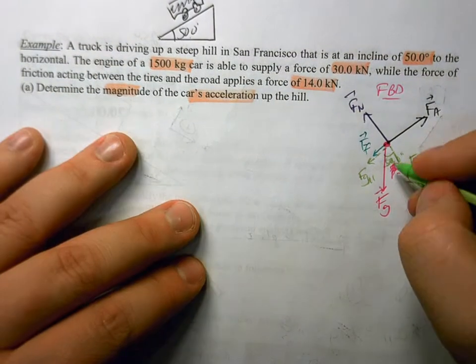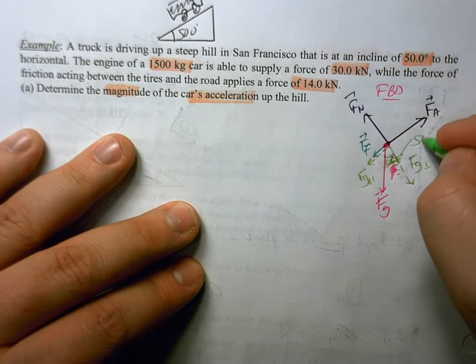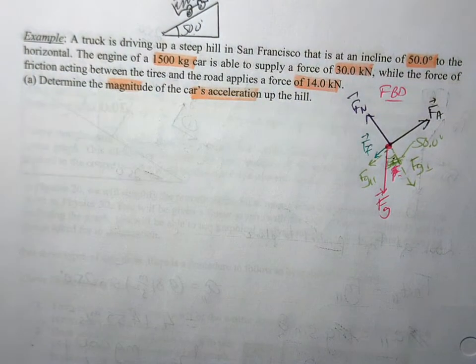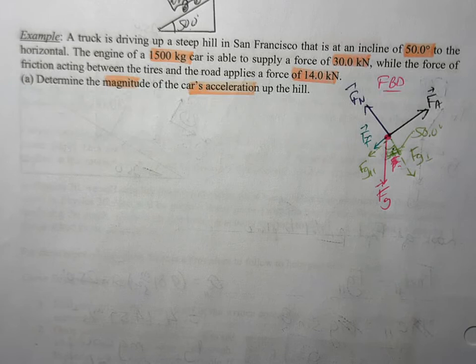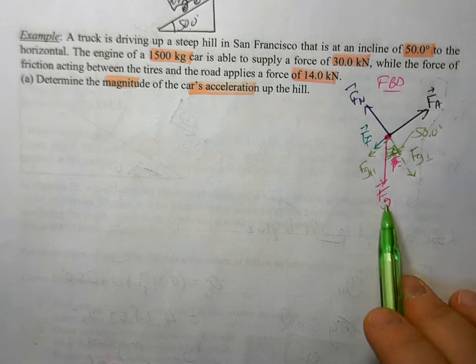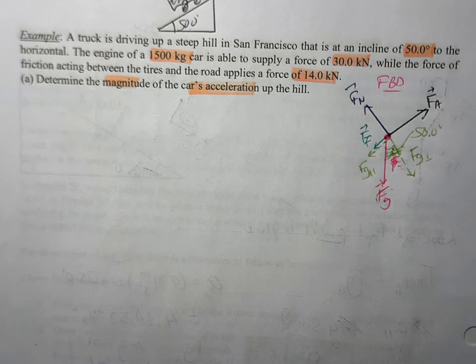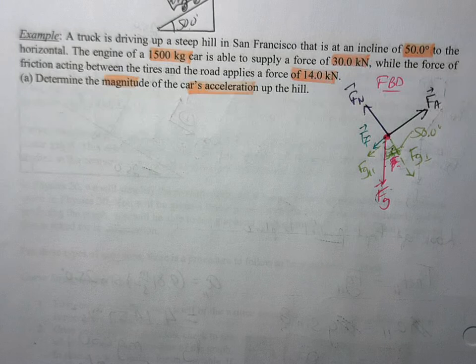Sorry, it's not very clear there. Let me try that again. 50 degrees. So our free body diagram looks really complex. There's a lot going on in there. We're going to take it slow and take it steady. One thing to note: the moment you break up the force of gravity into components, you will not need this FG vector again. The whole purpose of decomposing it is so that we don't need it for future use.